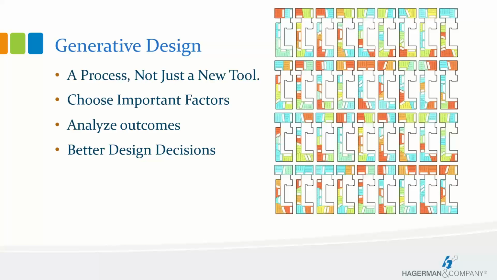It is actually a process that allows us to select important factors that matter to us, and we can work with the computer to generate and analyze outcomes to make better choices, ultimately leading to better design outcomes.